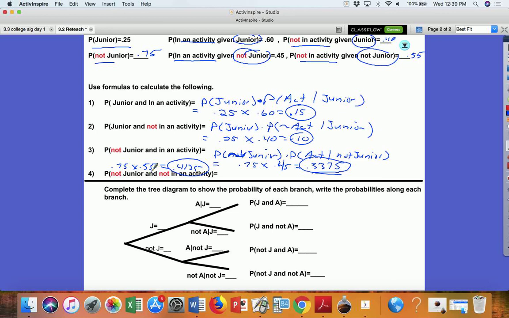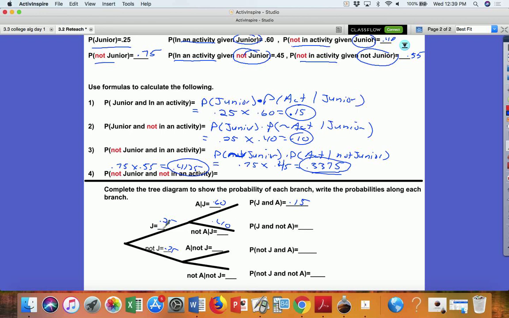So again, I want to take you through this just like we did in the last one here. Just kind of put it together. Chances that you pick somebody that's a junior is 25%. So chances that you don't pick a junior, 75. What's the chances that they are in an activity given that they're a junior? That would be 0.6, and then that product is this guy, 40%.